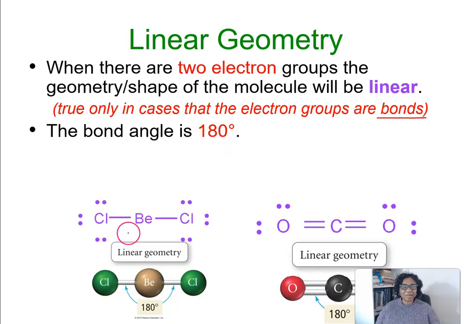Examples are beryllium chloride and CO2. You can see their shape. This is linear. BeCl2 has single bonds forming the electron groups, but carbon dioxide has two double bonds that form the two electron groups around the central atom. So carbon is the central atom here, and beryllium is the central atom here.